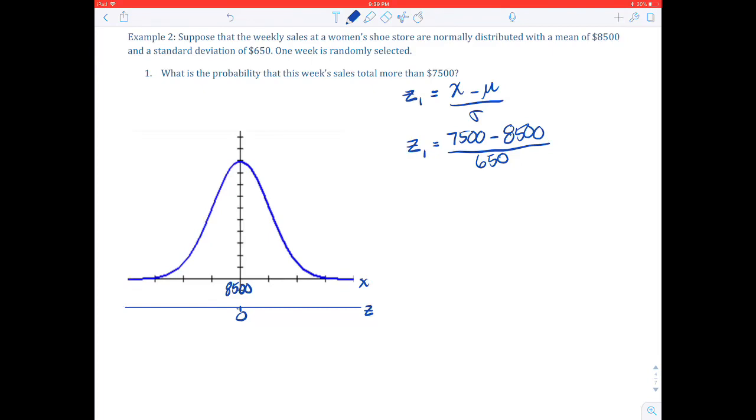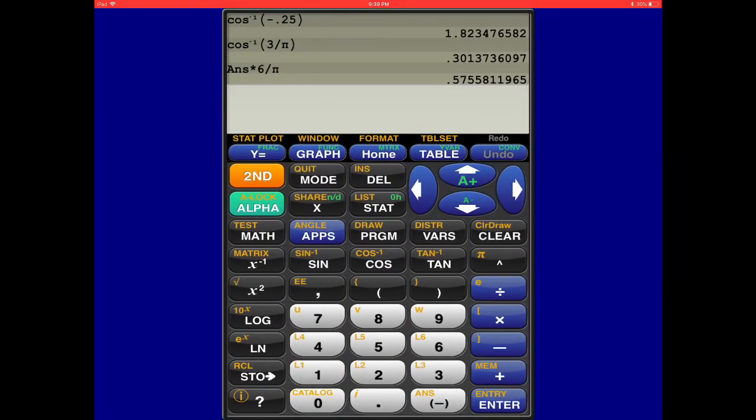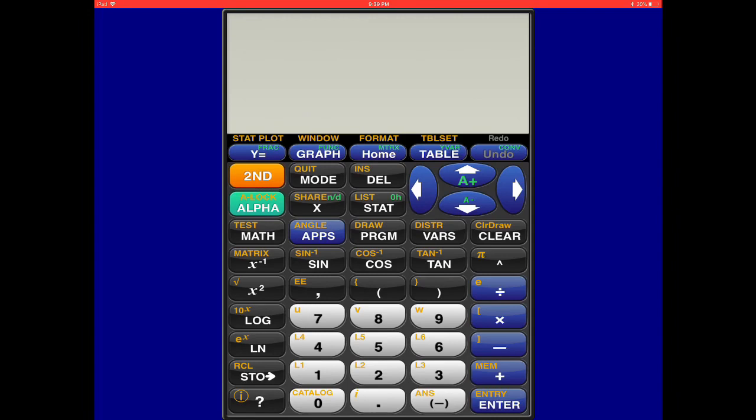I'll check it on this app, which hopefully looks somewhat like your graphing calculator. We compute 7,500 minus 8,500, remembering to put parentheses around it, divided by the standard deviation.